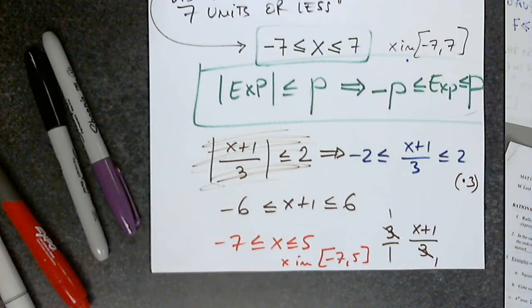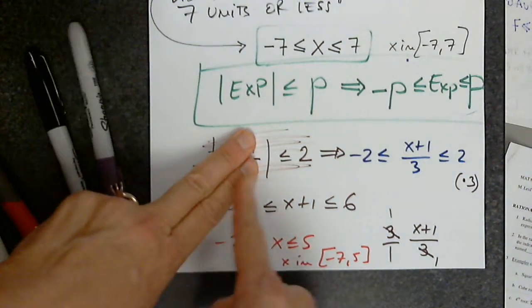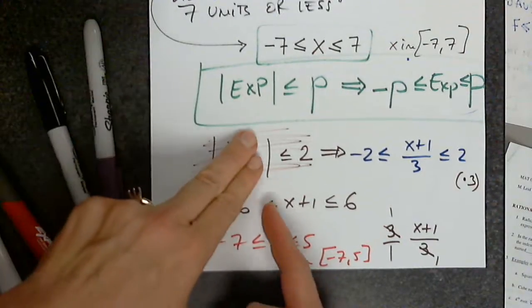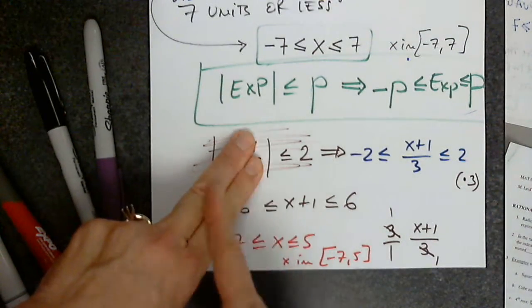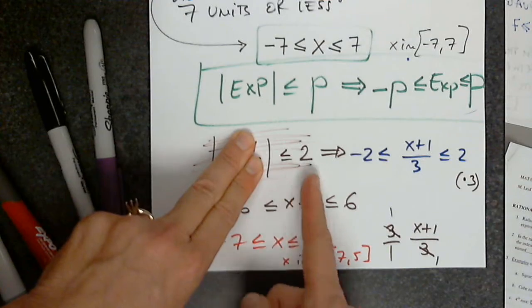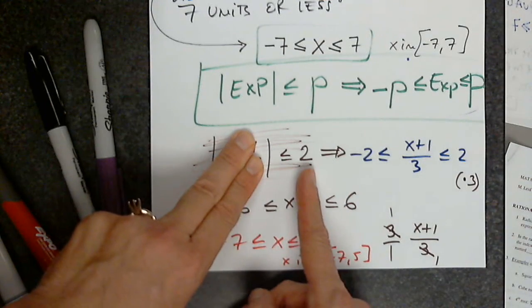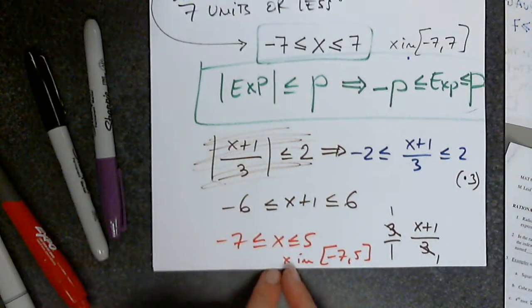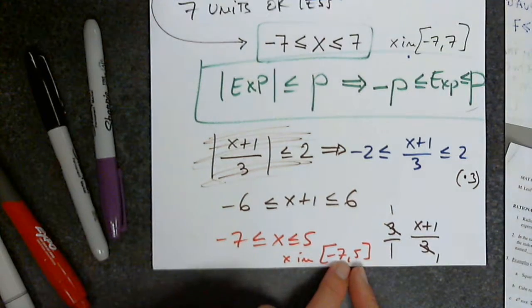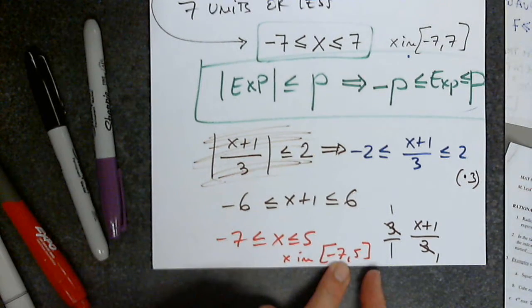So let's try to analyze what this means. For this number, whatever this is, to have a distance from 0 less than or equal to 2 units, x itself has to be picked between -7 and 5.